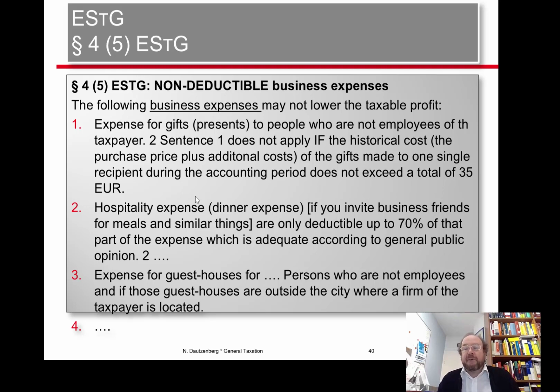Otherwise, the whole class of business owners would probably have houses full with things which they got from their friends and where never taxes were paid for. So that should be avoided. The only exception is that one should not overdo it.